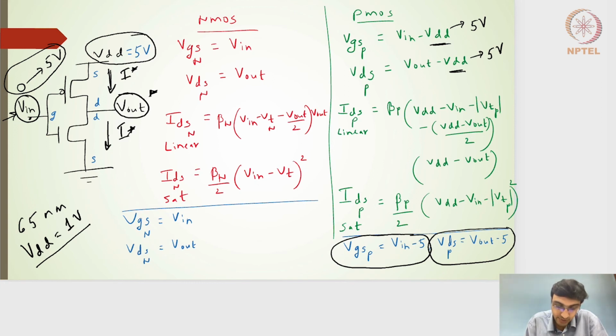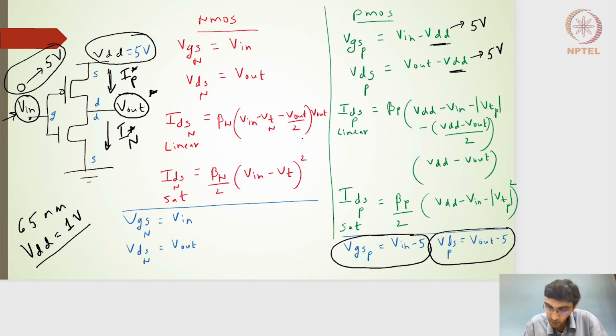The way we are going to achieve this is, we would like to have the current expressions of the Pmos and of the Nmos. For that I need to know which expression of Nmos I need to write, whether the linear region expression or the saturation region expression, and equate it to the particular Pmos current. We need to know whether the Pmos is in saturation or the linear region.